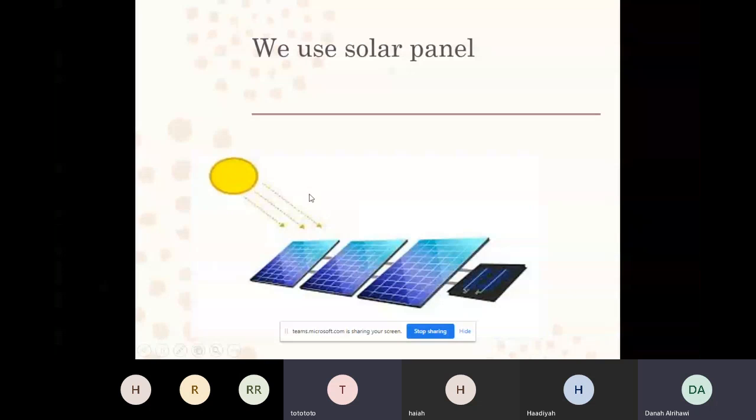Amazing. So people use solar panels to capture or convert the light energy into electricity. Then we use this electricity for different purposes inside the homes.